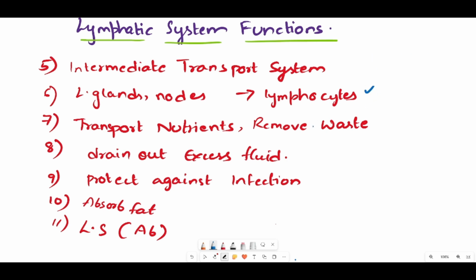The seventh point is that it not only helps in transporting nutrients to the tissues, but also removes waste materials from the sites of their excretion. The eighth point is that the lymphatic fluid drains the excess fluid from the tissue back into the blood. The ninth point is that lymphocytes protect the body against any kind of infections.